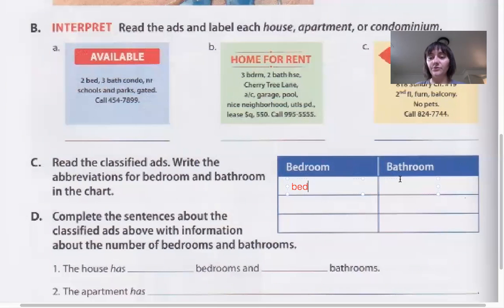And bathroom is just bath, yeah? 2-bed, 3-bath. So that means it's 2 bedrooms, 3 baths. Okay, and the second one, home for rent. It says 3. Now it's kind of hard to see here. I'll scoot out a little bit.